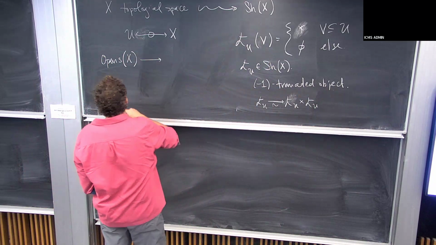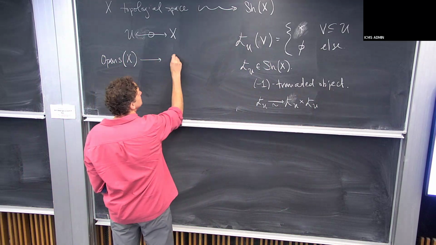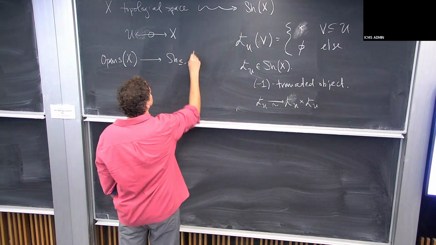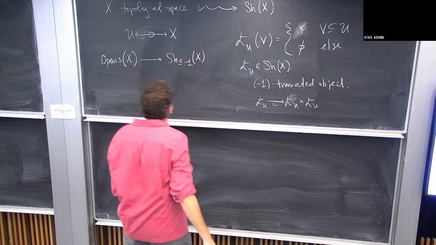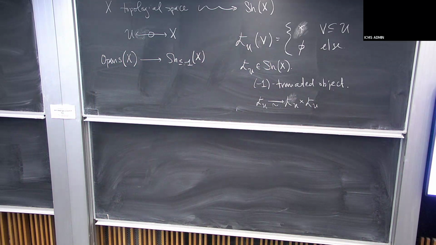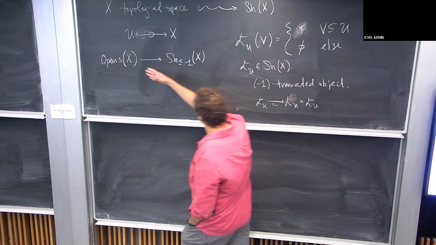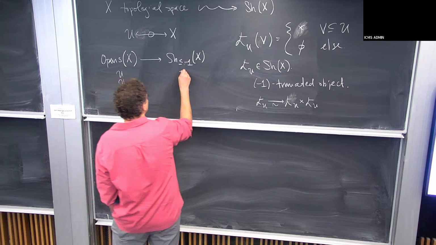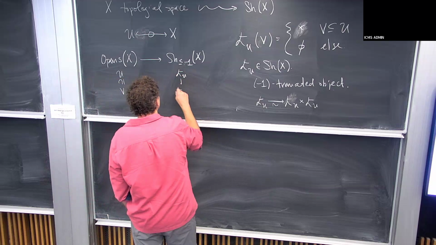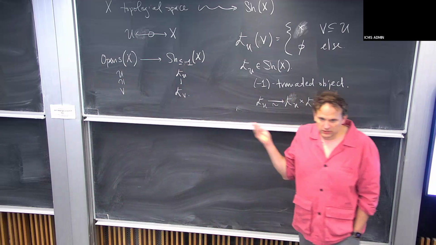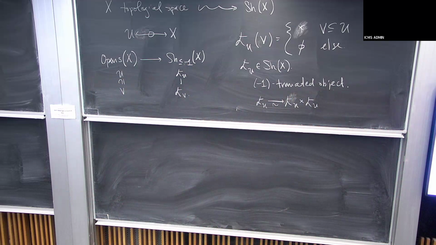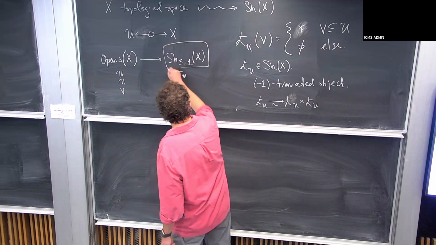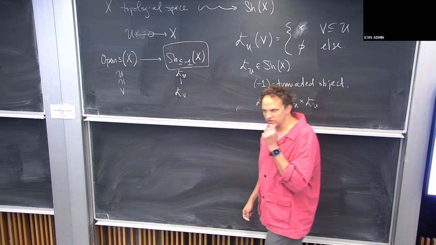So I have some sort of operation that takes opens and turns them into -1 truncated sheaves on X. And it's not too hard to see that this is a perfectly functorial operation, in the sense that if you have an inclusion U to V, then you get a map going like that. So this is really a functor. Okay, well, let's think about what kind of category this is, this category of -1 truncated things.